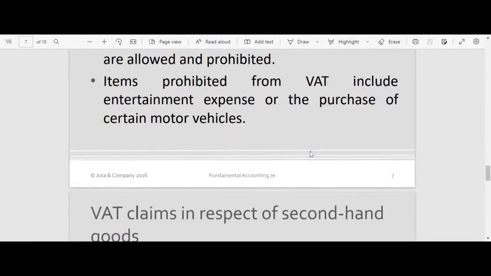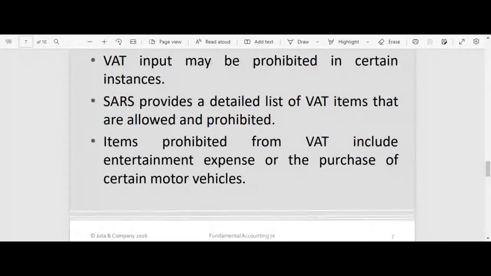So maybe make a note of that, ladies and gents. If it is deemed to be mostly a passenger vehicle, then you cannot claim back the value added tax. So for instance, if the business purchases a normal sedan, a normal kind of motor vehicle for the owner of the business, they are not allowed to claim back the value added tax.